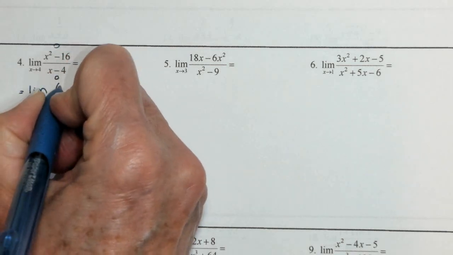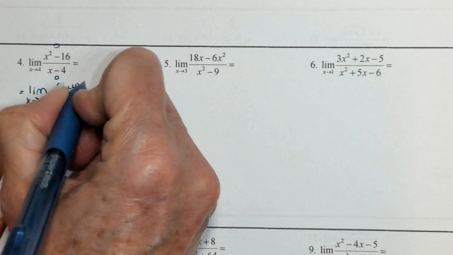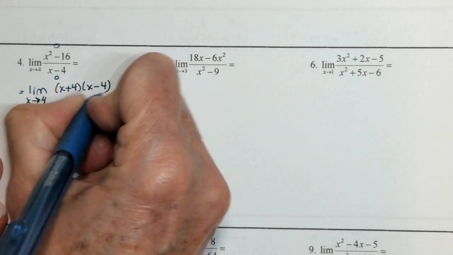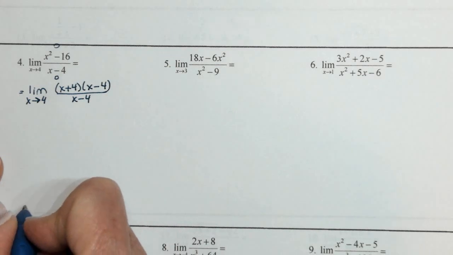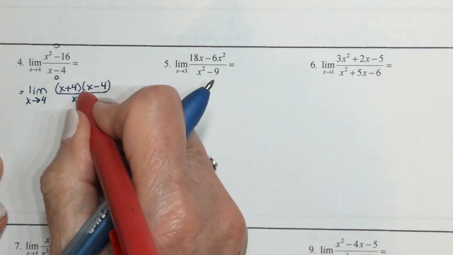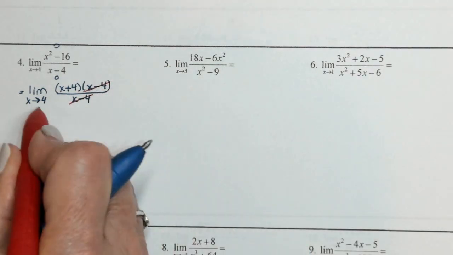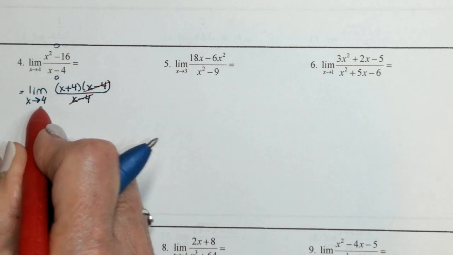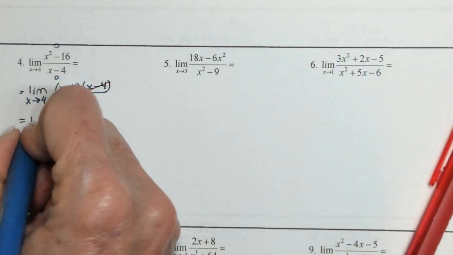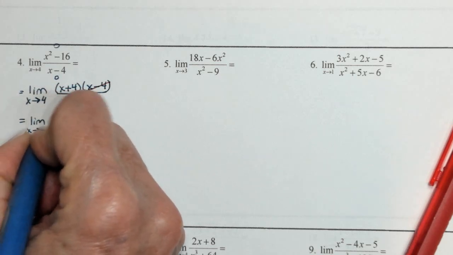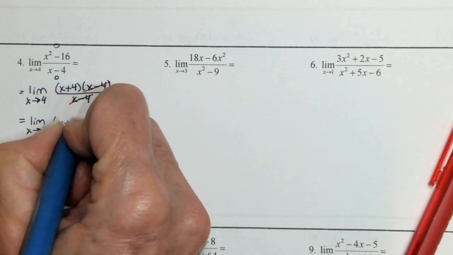I'm going to factor. The top factors into x plus 4, x minus 4. The bottom is x minus 4. The x minus 4's reduce because x is not equal to 4. We can reduce those. So I get the limit as x approaches 4 of just the x plus 4.